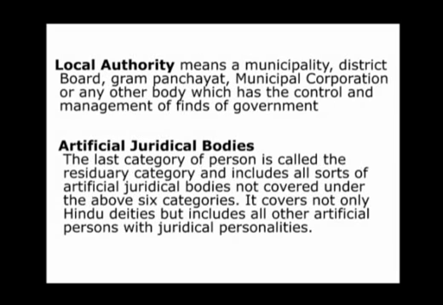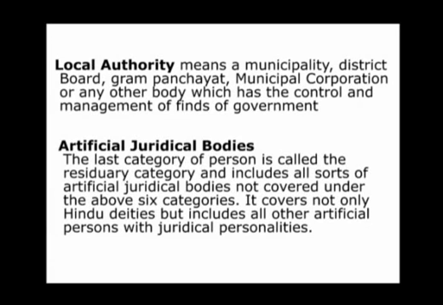The next important person included under the definition of person is artificial juridical bodies. What are those artificial juridical bodies? The last category of person is called the residual category. They include all sorts of artificial juridical bodies.